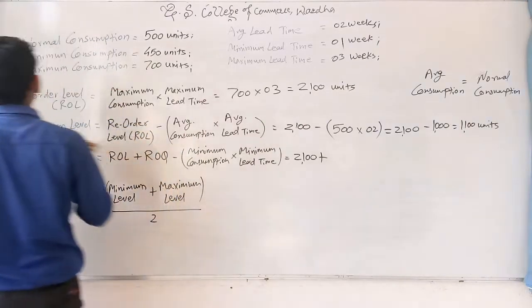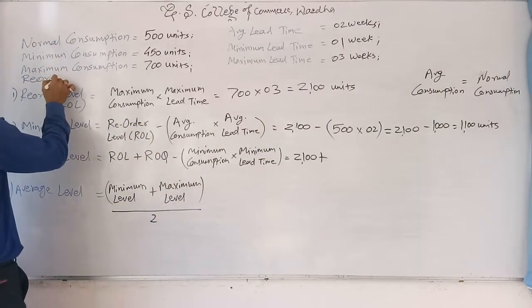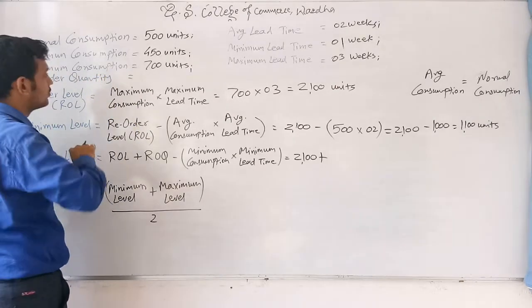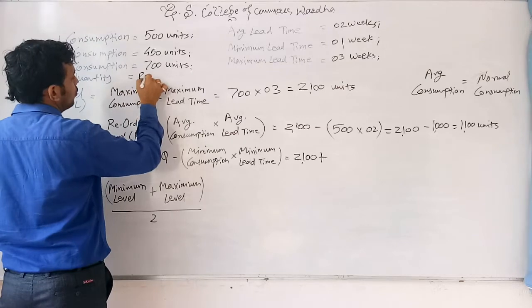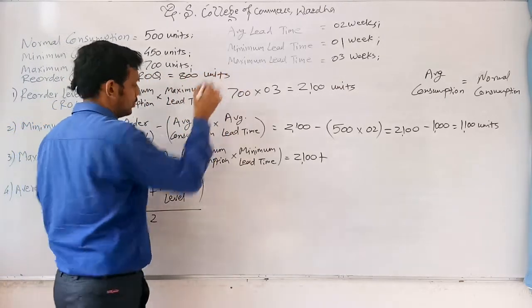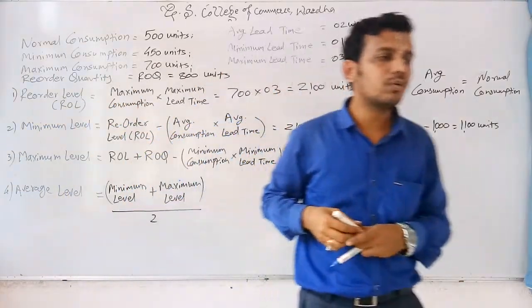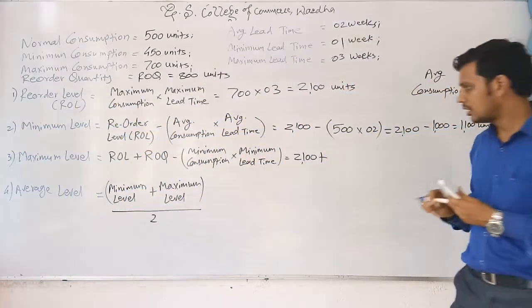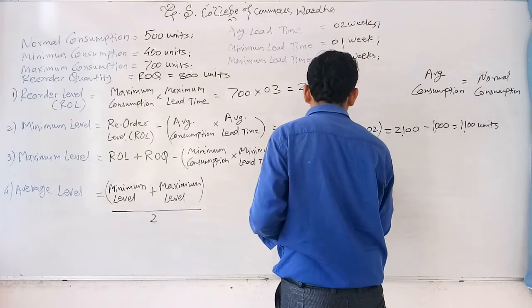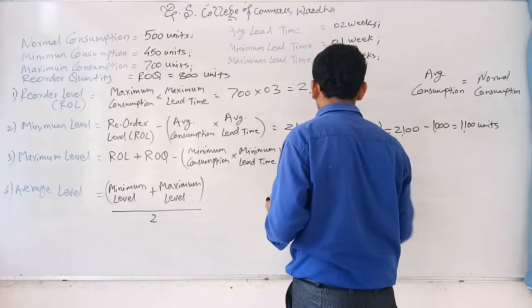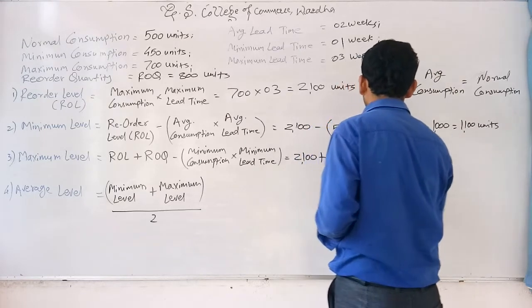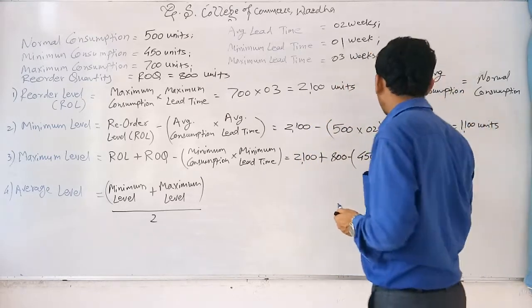We forgot to write reorder quantity, ROQ equals 800 units. So it is given as 800 units, hence we would add 800 with 2100 in bracket, minus in bracket minimum consumption, which is 450 units, multiplied by minimum lead time 1 week.